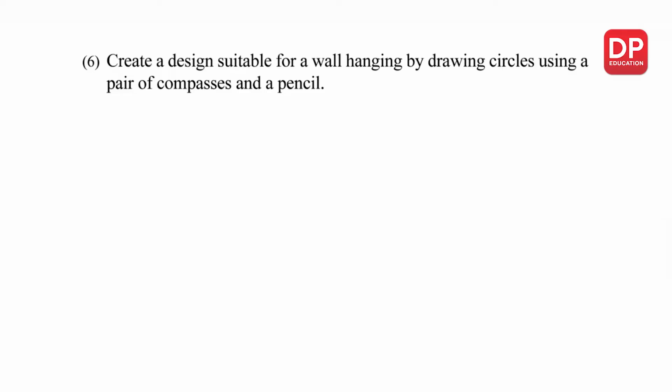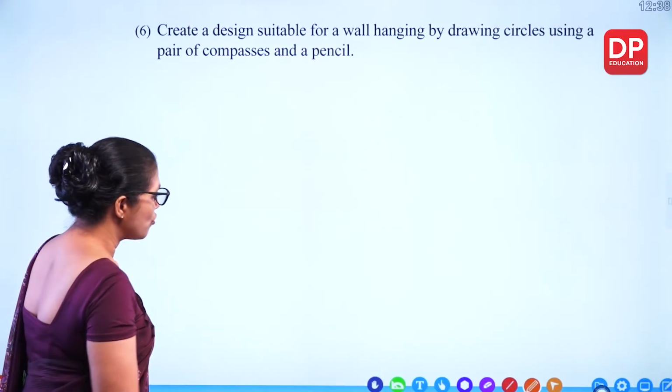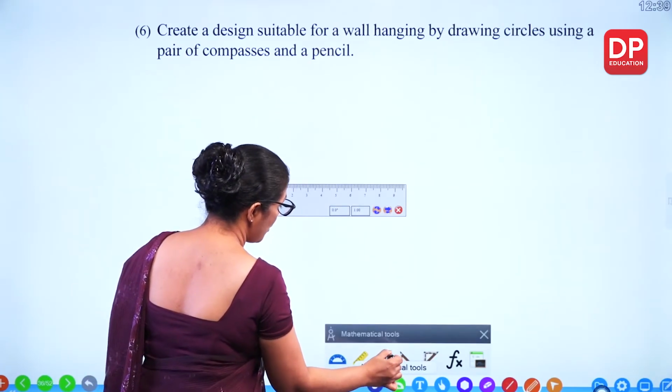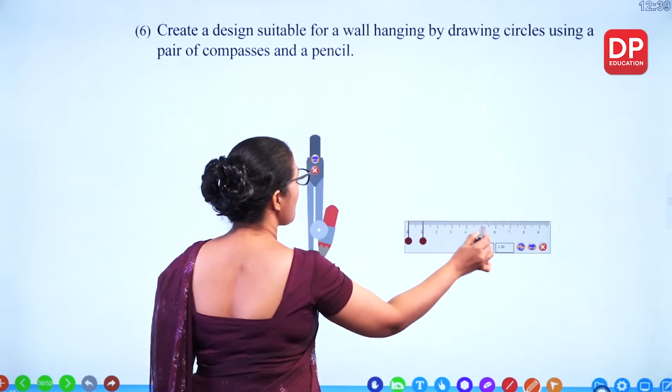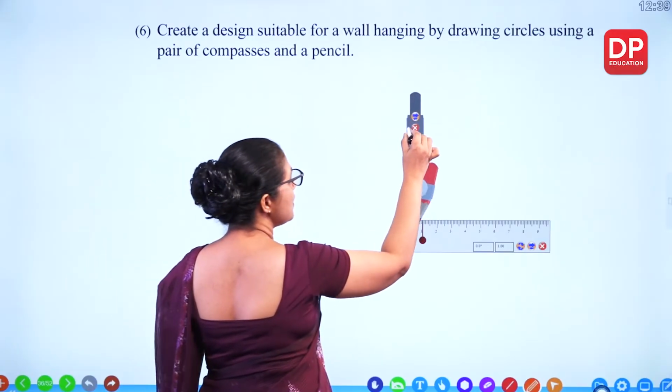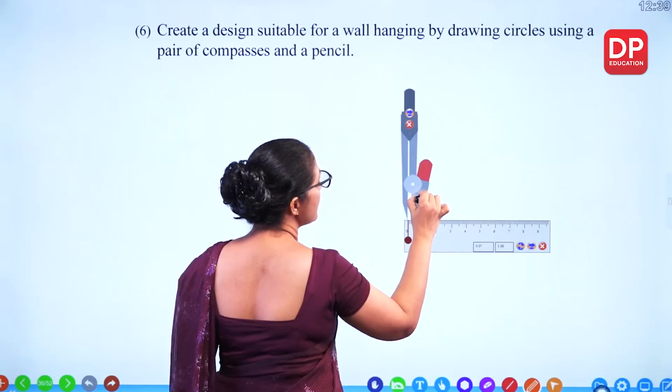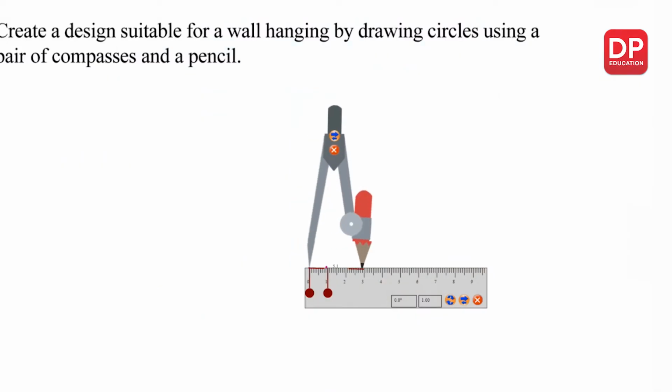Create a design suitable for a wall hanging by drawing circles using pair of compasses and a pencil. So we'll try to draw. Take the compass and the ruler. We'll measure it and do. And we'll take a circle with radius 5.